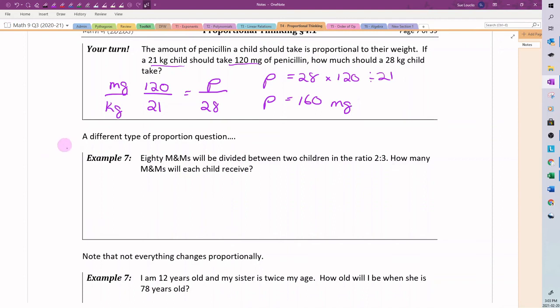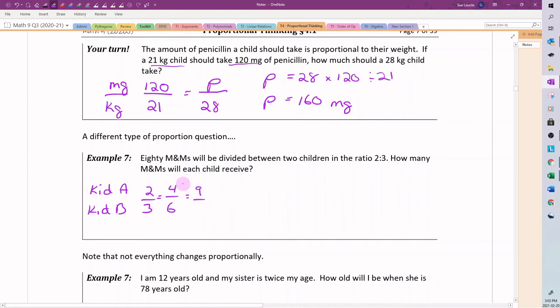So you could do it, let's say kid A on the top and kid B on the bottom. So kid A gets 2, kid B gets 3, kid A gets 4, this one gets 6, this one gets 6, this one gets 9, okay?